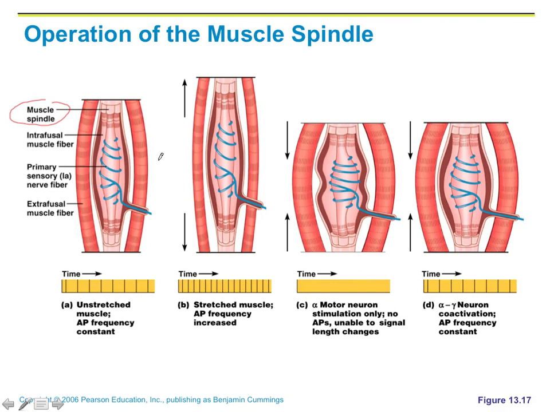We can see the muscle spindle is made of extrafusal muscle fibers and intrafusal muscle fibers. This is also called the spindle fusiform.